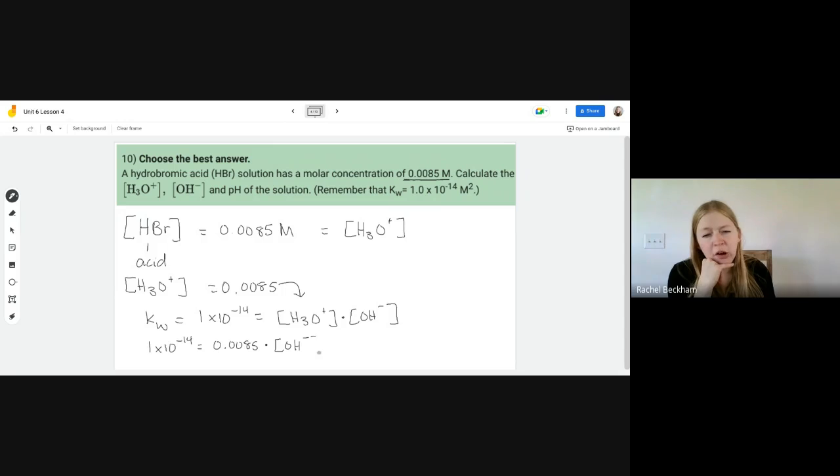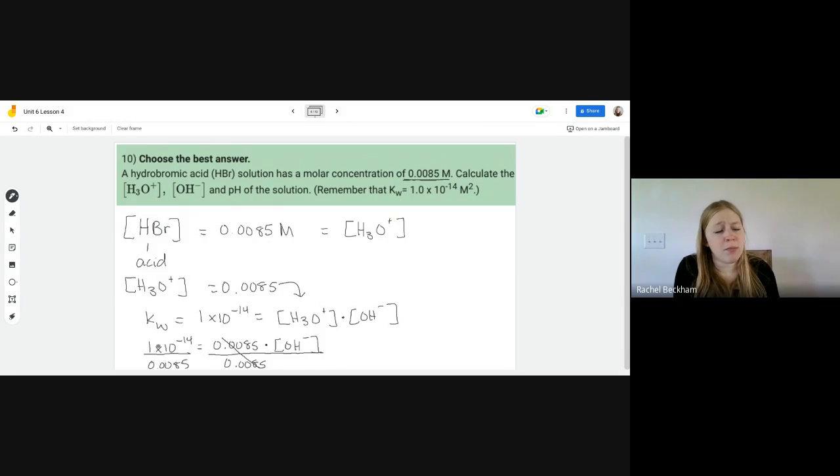So OH is like our X. We're solving for X. Right now, X needs to be by itself, and it's being multiplied by 0.0085. We can undo that by dividing by the same number, and then it will cancel out. But what I do to that side, I need to also do to this side.